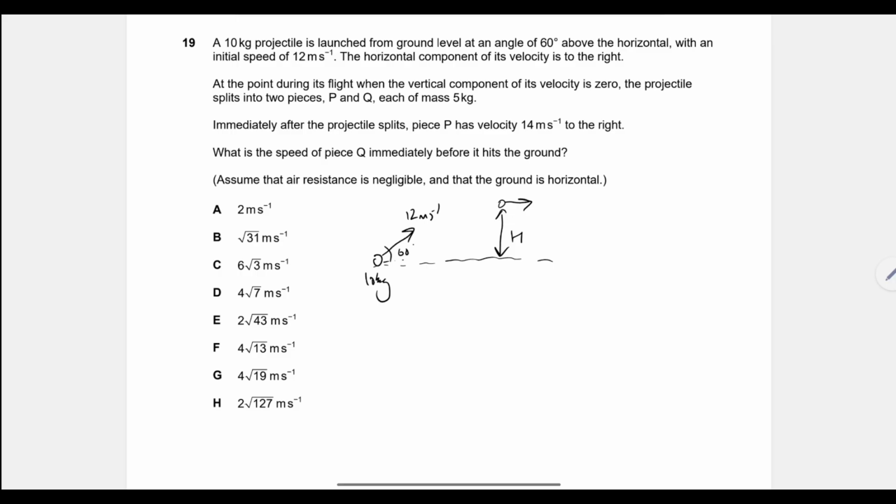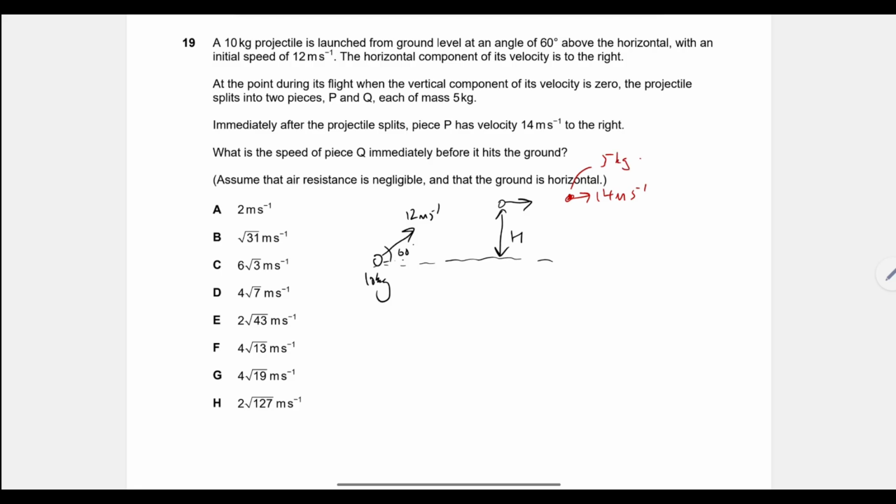It splits into 2 pieces P and Q, each of mass 5 kilograms. Immediately after the projectile splits, P is moving at 14 meters per second to the right. So let's draw P in red, 14 meters per second to the right, and it is 5 kilograms.